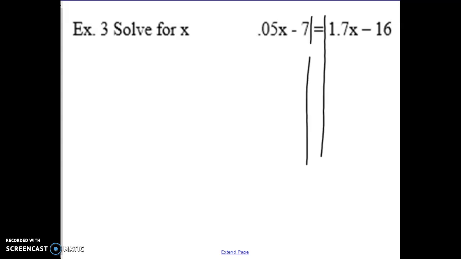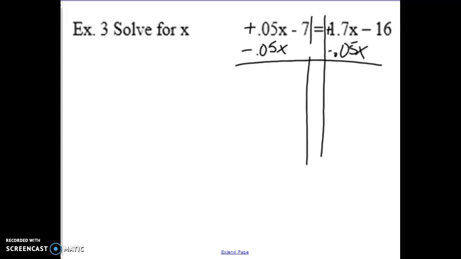Now, I can only do that with inverse operations. So if this is positive and this is positive, I could subtract them. It doesn't matter which one, but my rule of thumb is move the smaller coefficient, and that's the number in front. So whenever we're looking at 5 cents or $1.70, well, the 5 cents is always smaller, right?